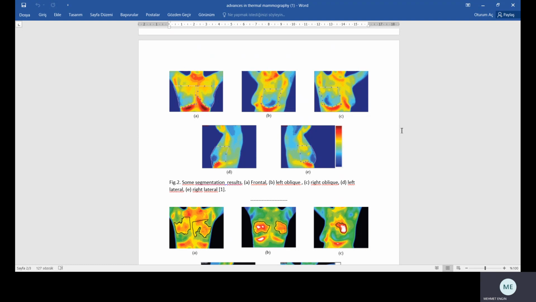Symmetry plays a significant role in detecting whether a hot patch is abnormal. So, a subset of the region of interest showing a significant increase in temperature as compared to the neighboring areas and the contralateral side is identified.